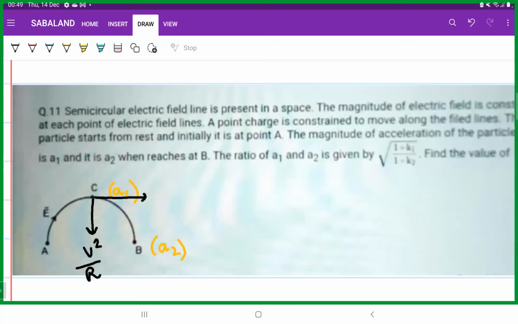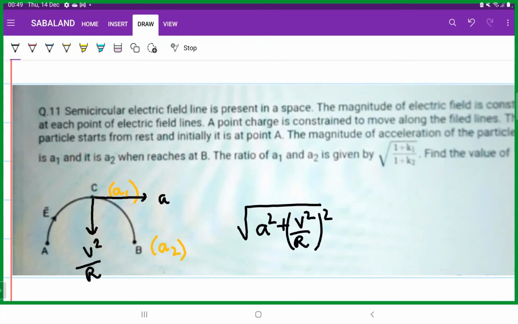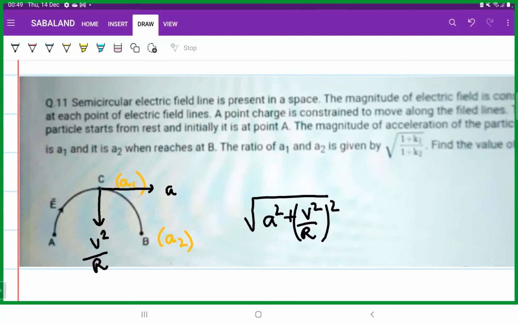So the net acceleration will be, sorry, not A1, let's name this a, the square root of a square plus v square by r whole square.